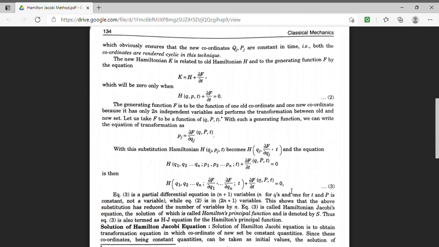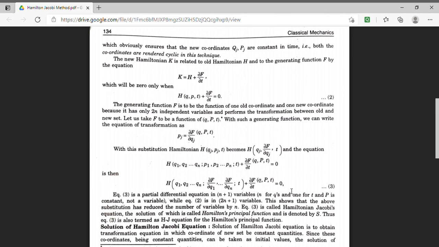The first method which we dealt with earlier is to transform from a set to a new set in which coordinates are cyclic, and today we have discussed another method in which we have transformed from one set to another set in which we have substituted, in place of small p, del F by del q, and we have attained an equation which is termed as the Hamilton-Jacobi equation.